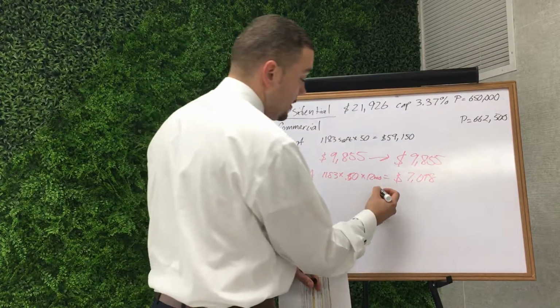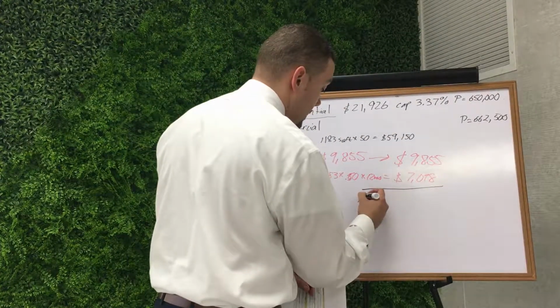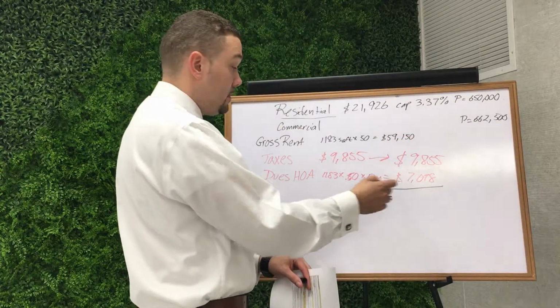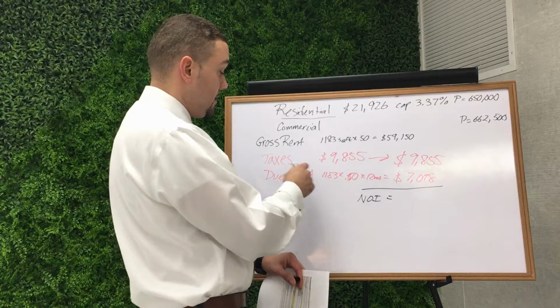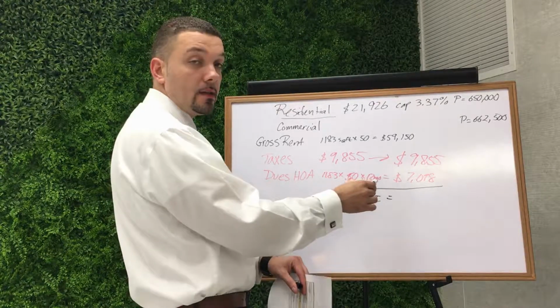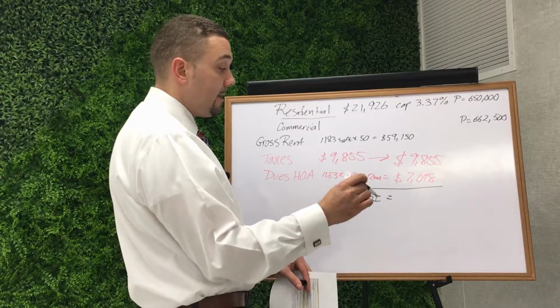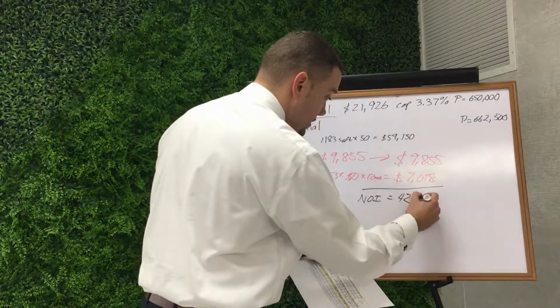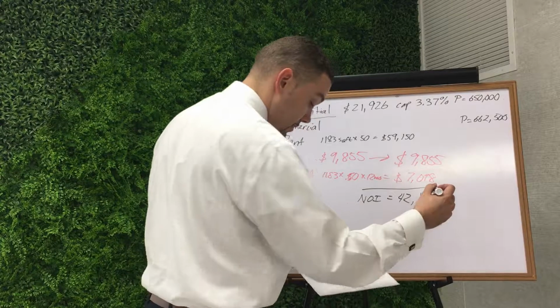So here, again, the NOI, net operating income, is the $59,000 minus, in this scenario, just the taxes and the HOA dues, not taking in any other scenarios. The NOI is $42,197.